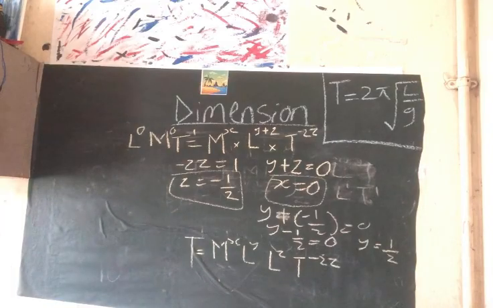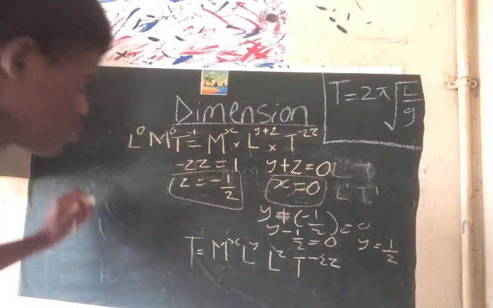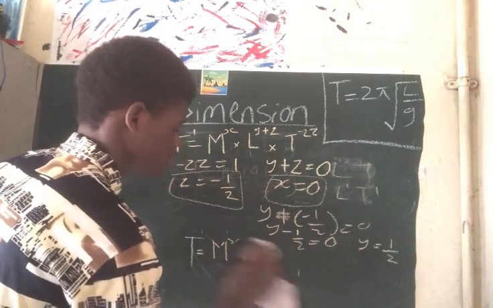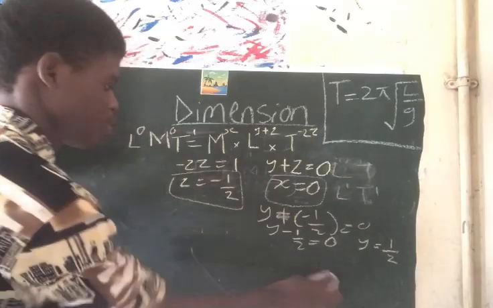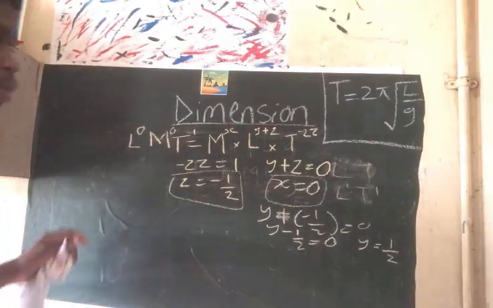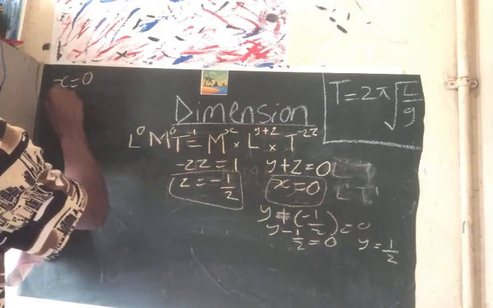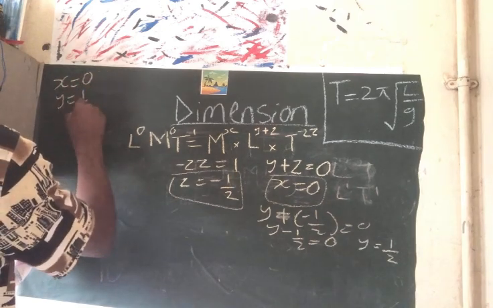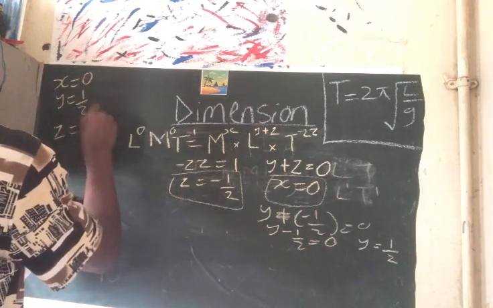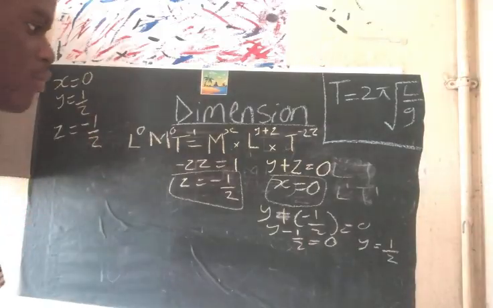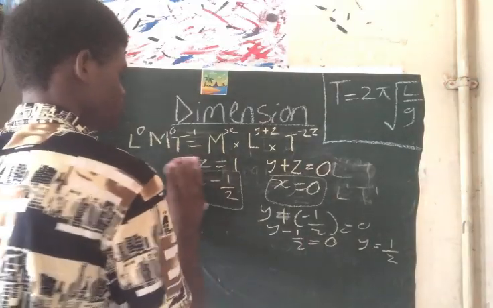So that's that. Let me erase this since we don't need it again. So let me just write it somewhere here. X is equal to 0, y is equal to half, and z is equal to minus half. I hope you guys are following.